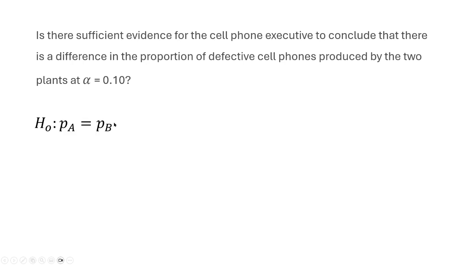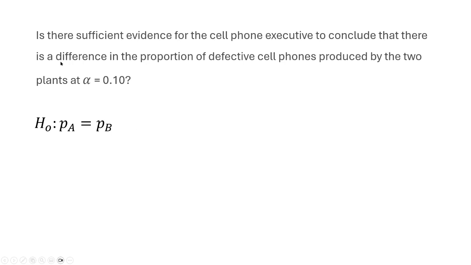So here is my null hypothesis. Proportion for plant A is equal to the proportion for plant B. I just gave them A and B subscripts here so I can keep it straight. So that is our first and our null hypothesis.